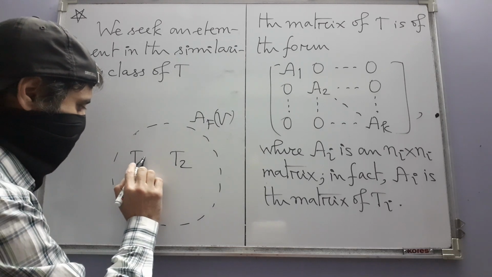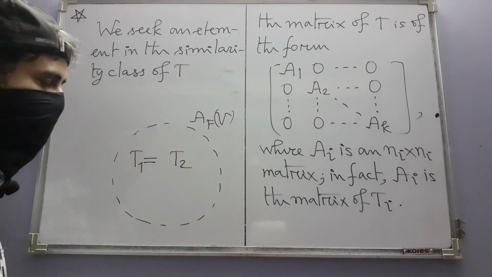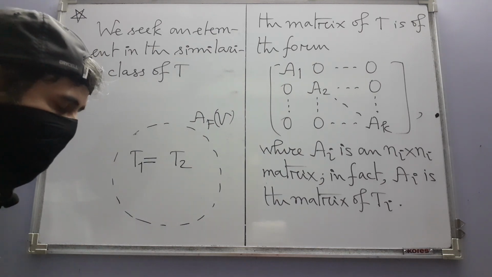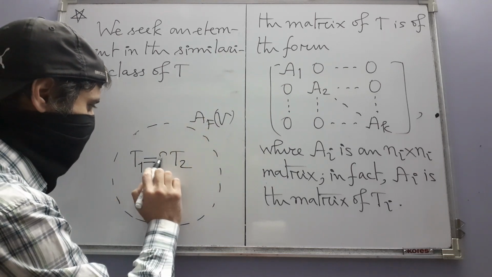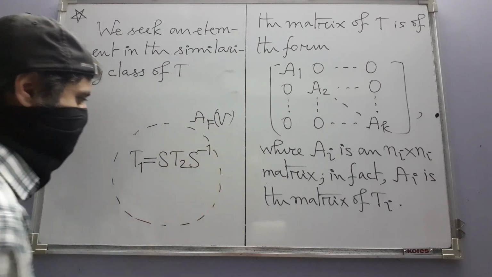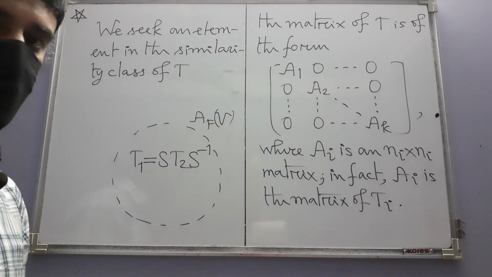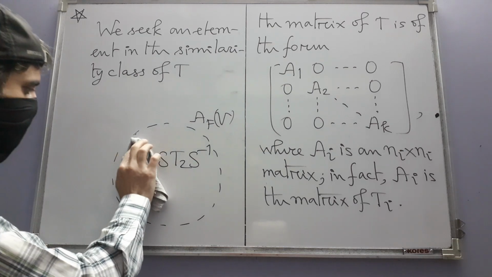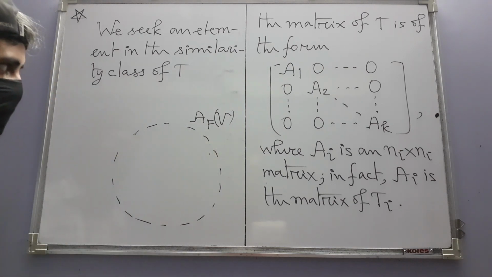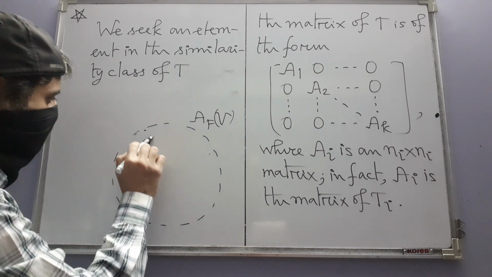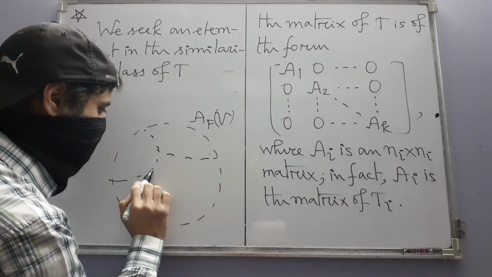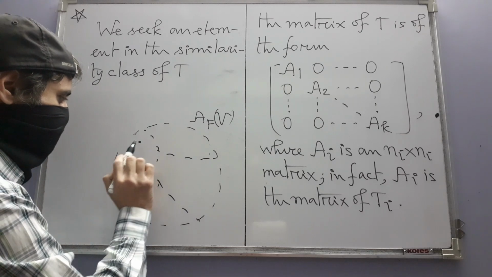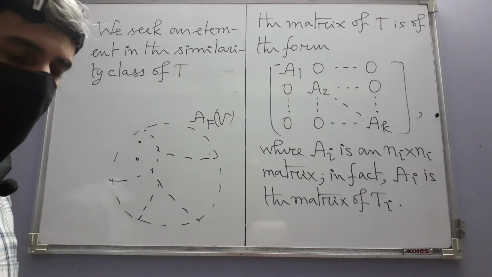Let's also recall what that was. T1 and T2 are said to be similar if there exists an invertible operator S on V such that T1 is equal to this. This was the similarity relation. And this is an equivalence relation, and this relation partitions this entire operator algebra into equivalence classes.